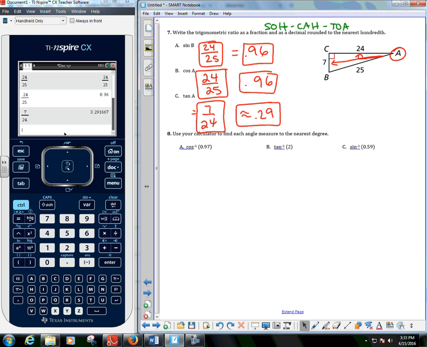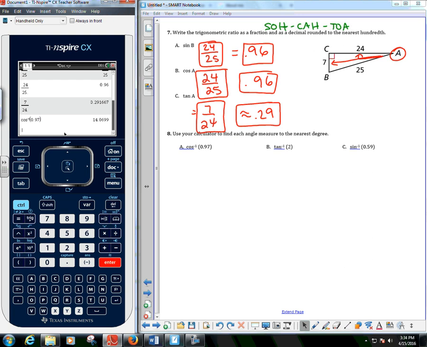Now we're going to go to our calculator and find each angle measure to the nearest degree. So I'm going to hit the trig button and toggle over to cosine inverse. I'm going to hit enter and 0.97, and that tells me 14, and it says round to the nearest degree. 14.06 is going to be 14 degrees.